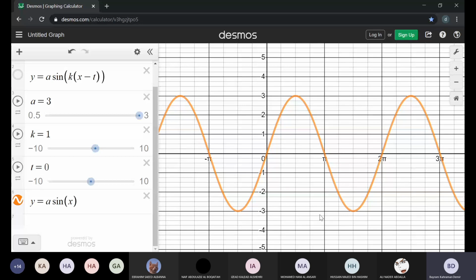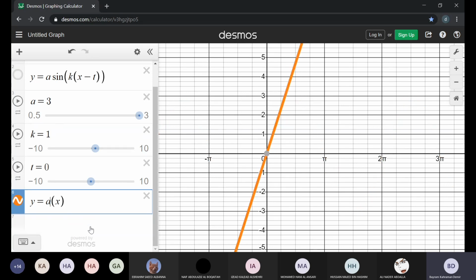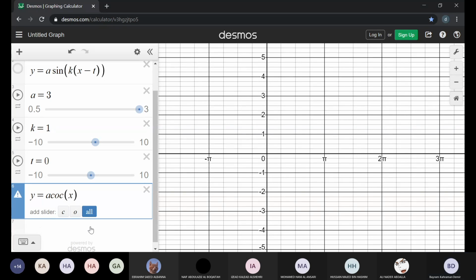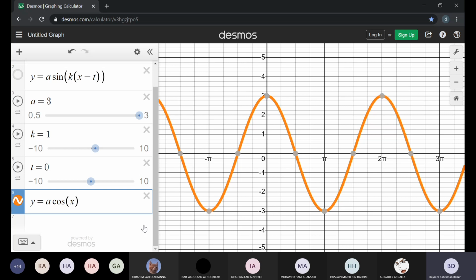Okay, now we understood what's happening. I can change the sine into cosine for you. It is easy, Shabab. Let me write cosine instead of sine. Cosine function. Well, of course, cosine is going to start from up here, right?